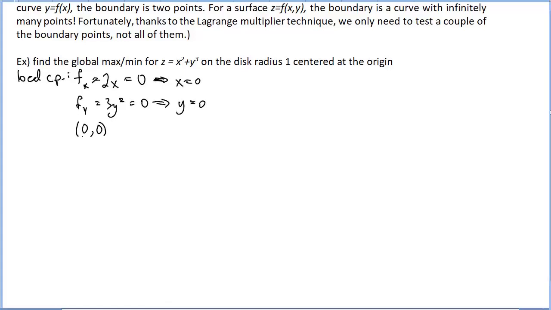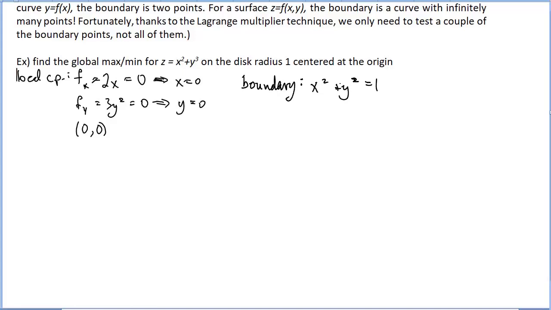Okay. Next, we must find the boundary critical points. So first of all, what is the boundary? The boundary is our circle. And the formula for the circle, radius 1 centered at the origin, is x squared plus y squared equals 1.